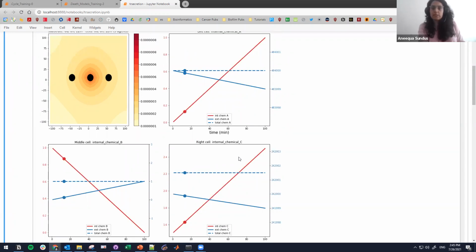Chemical C can be secreted or uptaken depending on whether export is negative or positive, but chemical A is always being absorbed, and chemical B is always being secreted.